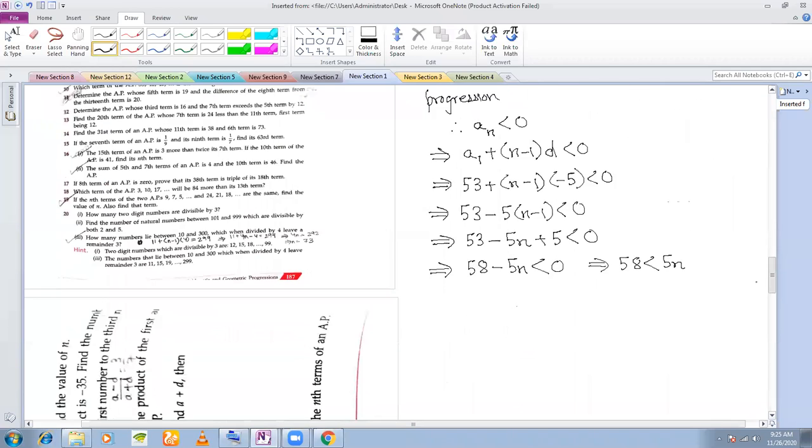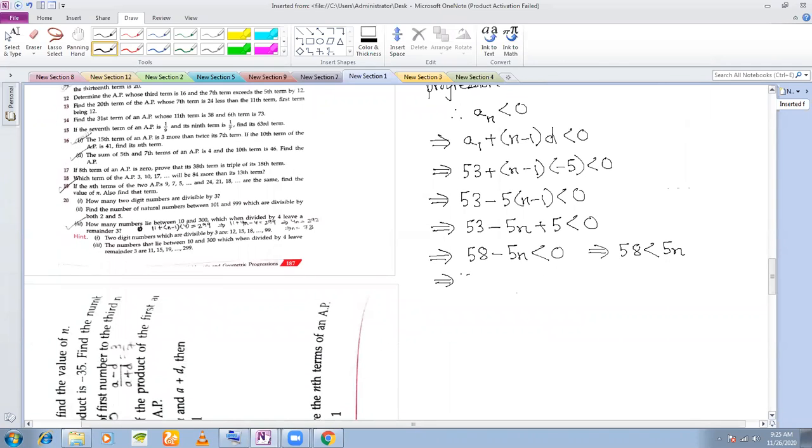Now if I bring 5n on the other side, the sign of the inequality is reversed. 5n greater than 58. That means n is greater than 58 by 5. That means n is greater than 11.6.